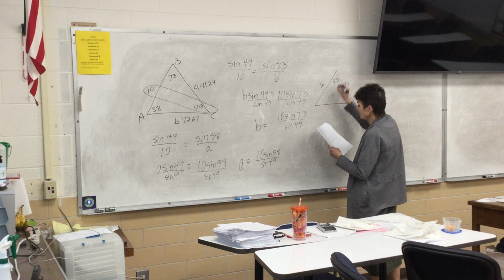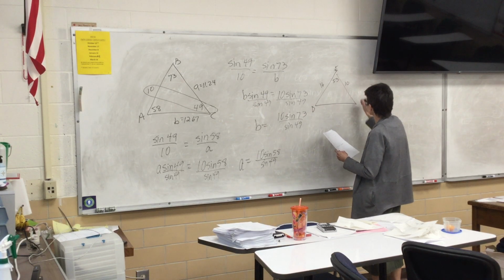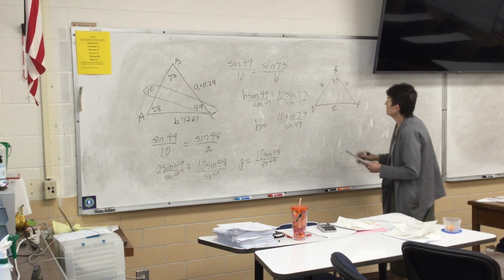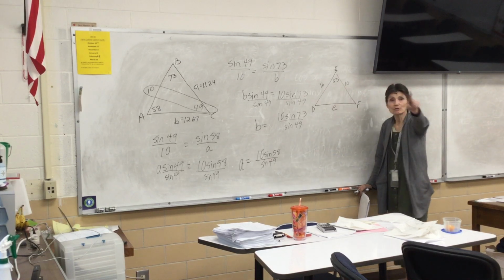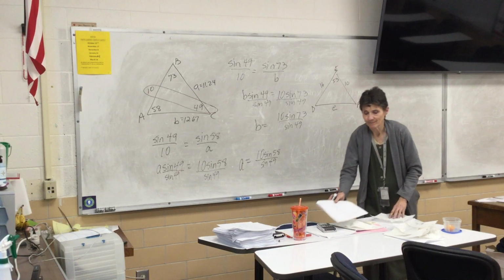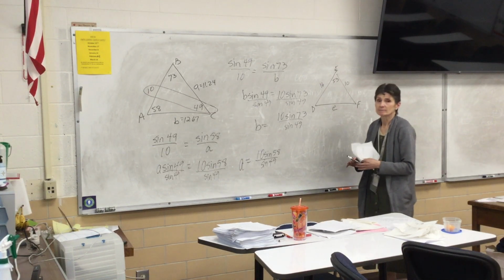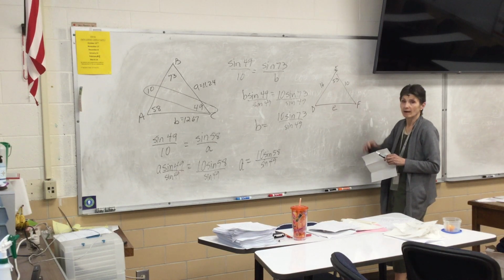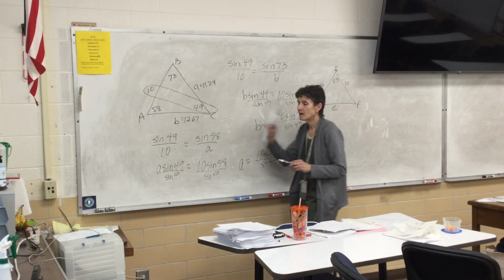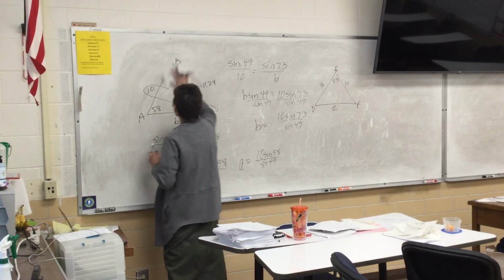Now I know what some of you are thinking when you look at this triangle. You are thinking, oh my gosh, the area is 1/2 side, side, sine, and you're right, but that isn't the question. We're not finding the area. We're finding side E, angle D, and angle F. We're finding the missing parts of the triangle.